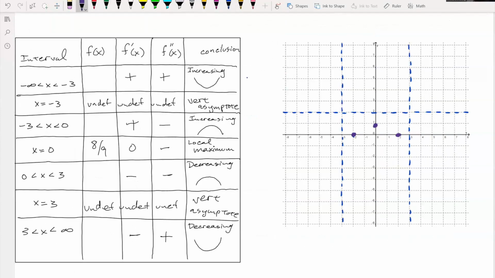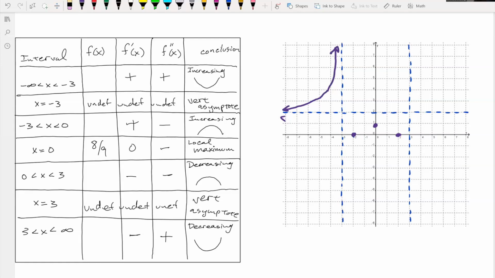If we look at this first region here, between -∞ and -3, we are increasing and concave up. Because we have this horizontal asymptote, it has to look like this or like this. But if it's increasing and concave up, we don't have a choice. It has to do something like that.